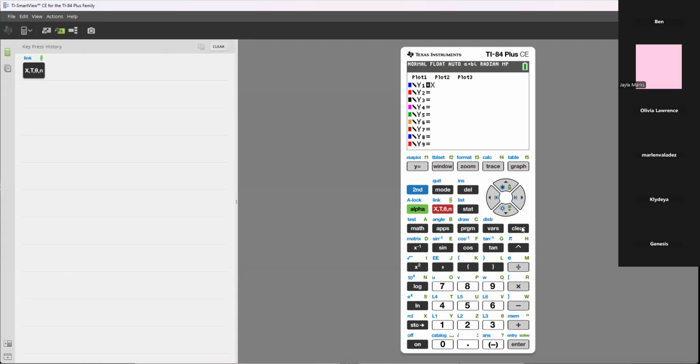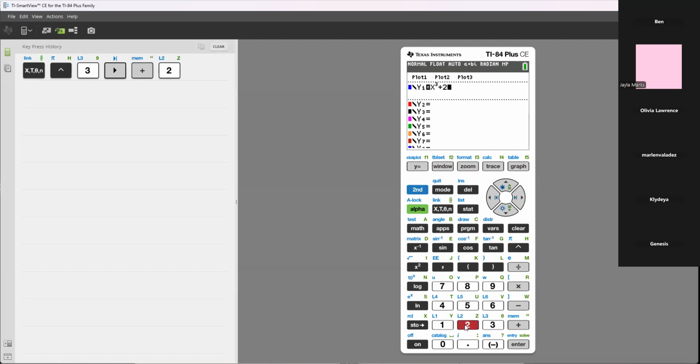On the right side under the clear button, you see a little upside down V. Hit the upside down V, that puts your exponent in, and put your 3. Now, arrow right to come back down and put in a plus 2. Okay, so any exponent other than a 2, I'm going to use that little upside down V we call a caret.